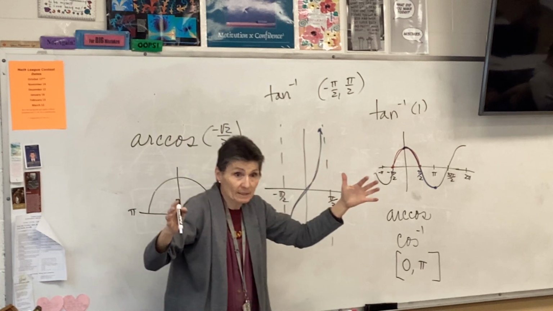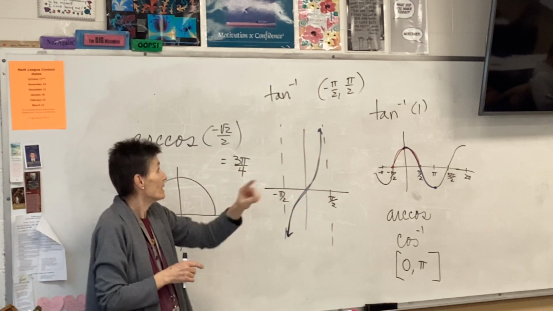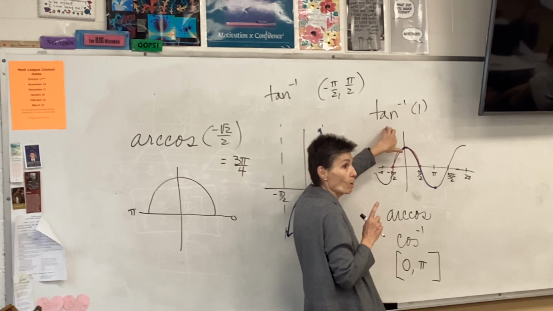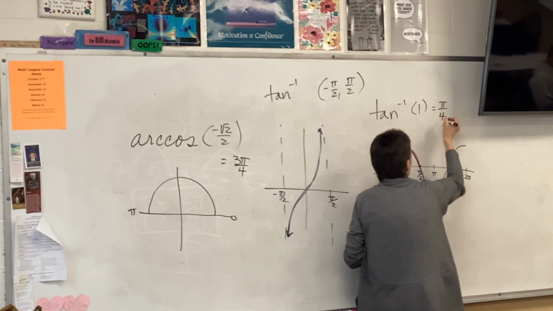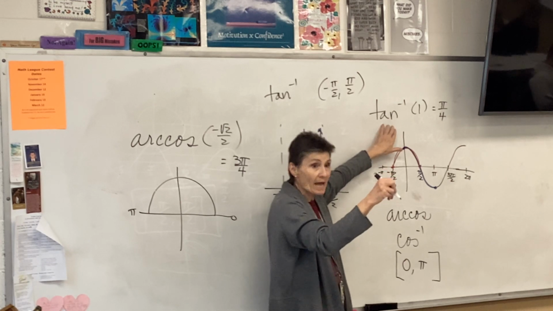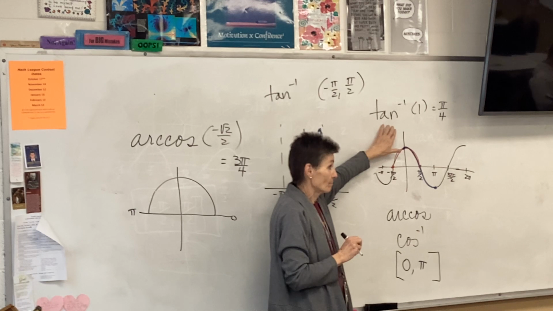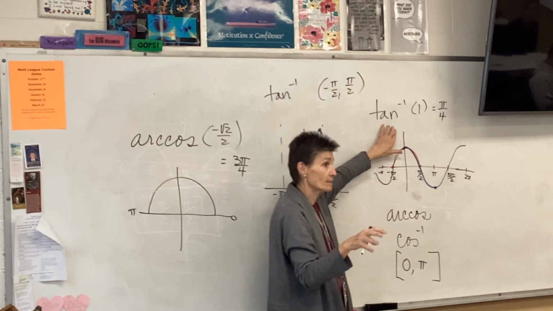In reality, infinitely many, but within our constraints, there's only one. There's one answer. And what would the answer be to this problem? The tangent is 1. Pi over 4. The answer is pi over 4. This means find the angle, the one angle whose tangent is 1.